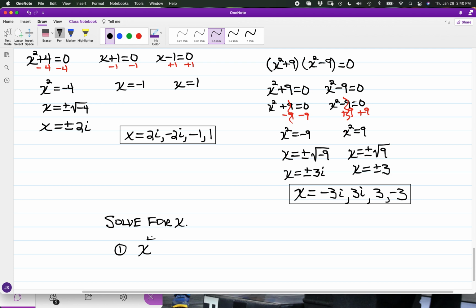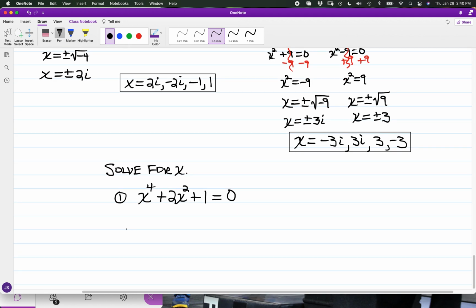For the first, I have x to the fourth plus 2x squared plus 1 is equal to 0.